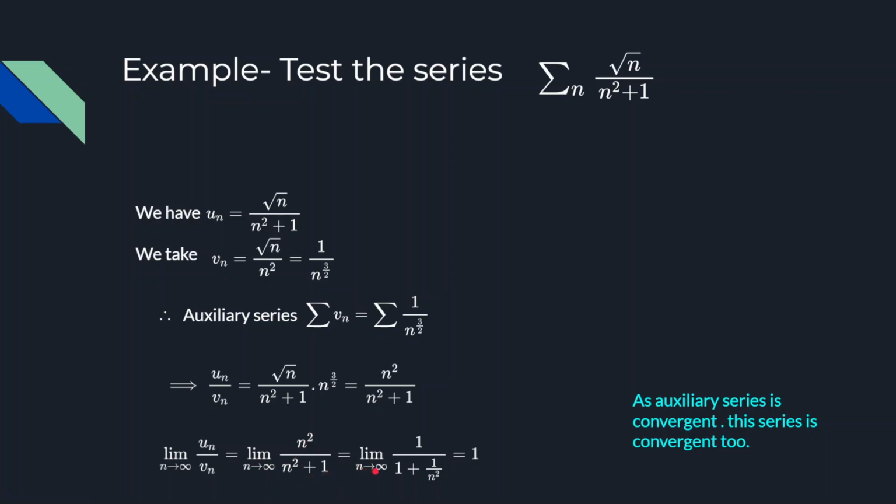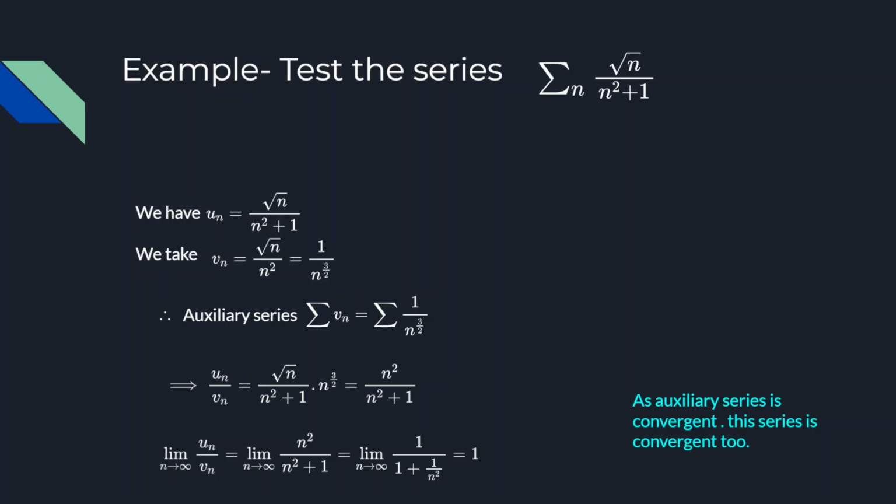Dividing the numerator and denominator by n square, we get 1 by 1 plus 1 by n square. Now look at the term: as n tends to infinity, this term becomes very small and tends to 0. So the value of the limit is 1, which is a finite value. In the previous lesson we learned that if the limit we get is finite, then the series is convergent.